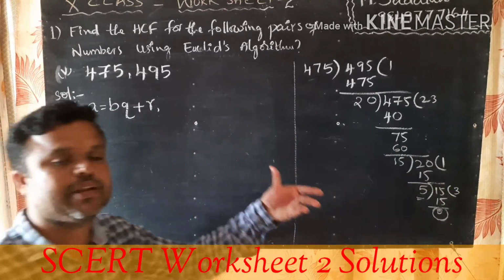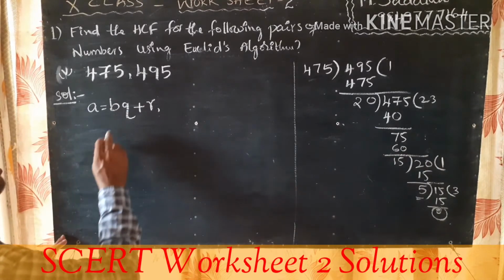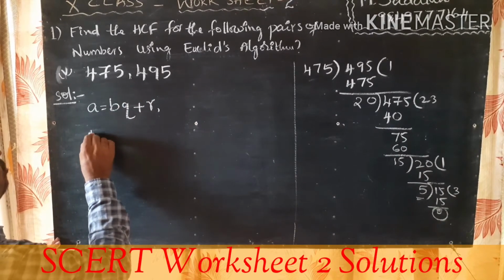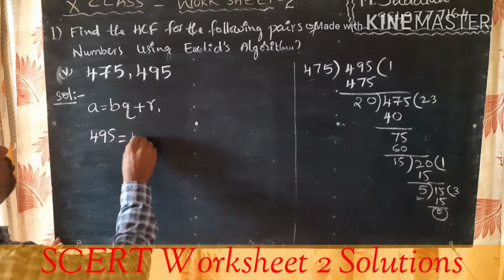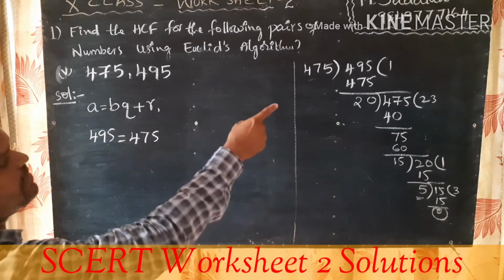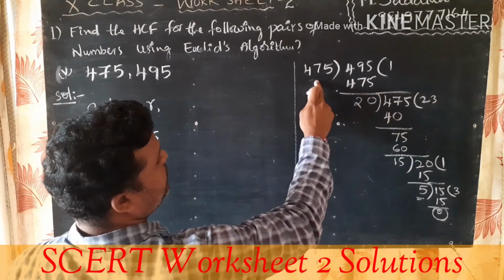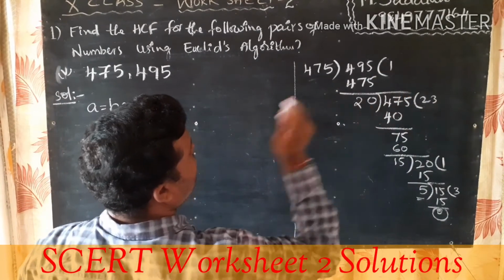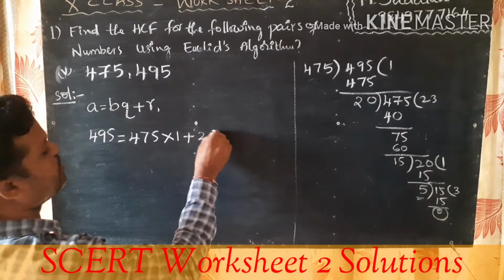Let us apply the same using the division algorithm. The highest number is 495, and B is 475. In that division we observed 495 divided by 475, the quotient is 1 and the remainder is 20.